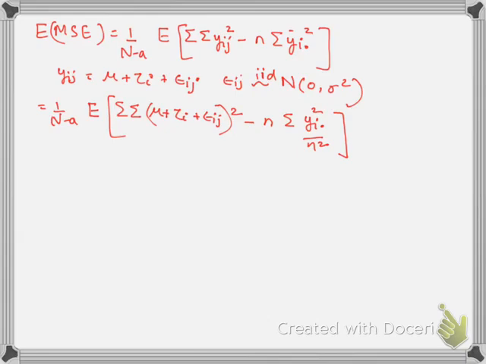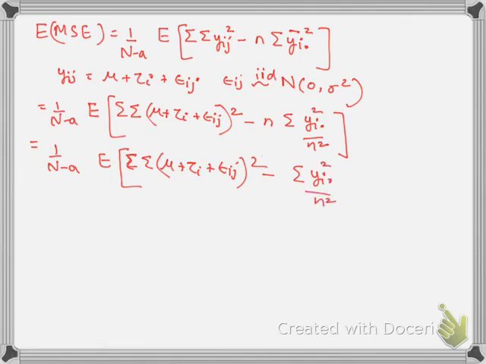I just replace yi dot bar by yi dot over n, which is 1 over n minus a times the expected value, in square brackets, of the double summation of mu plus tau i plus epsilon ij whole squared, minus the sum of yi dot squared over n squared.